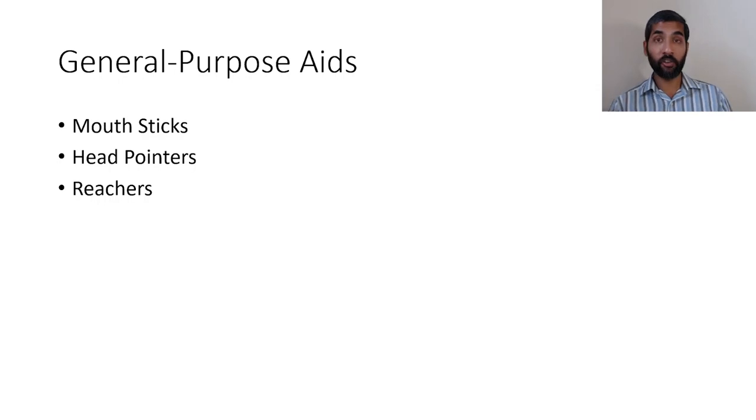Maybe you have a limited range of motion, you can move your hands, but your range is very limited. So then you can have a reacher, essentially, let's say, a stick in your hand, and you just use small movements to manipulate objects. So those are some very simple aids that can really go a long way in helping people, right?